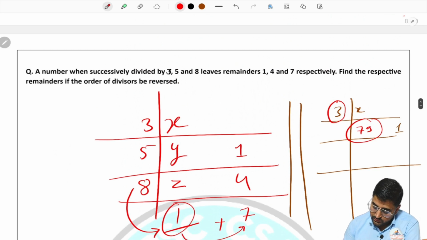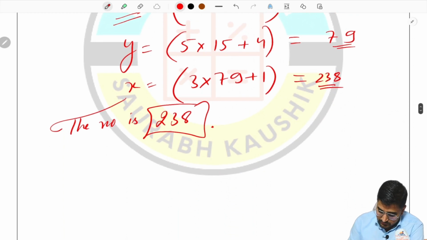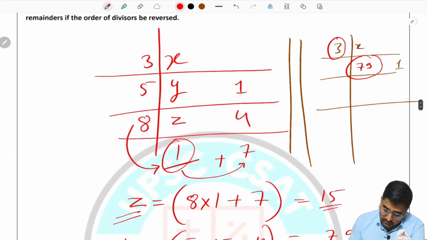Now in the second part it says to find the respective remainders if the order of the divisors be reversed. No issues, it is the easiest part. We just reverse this order 3, 5, 8.